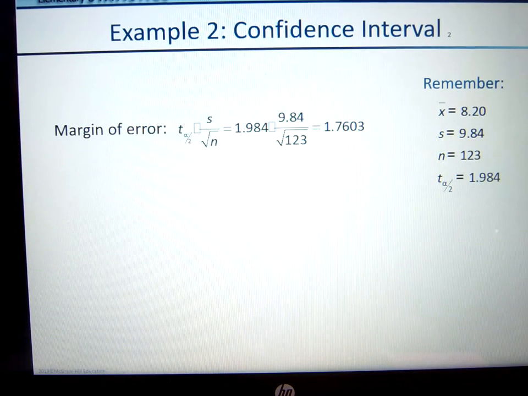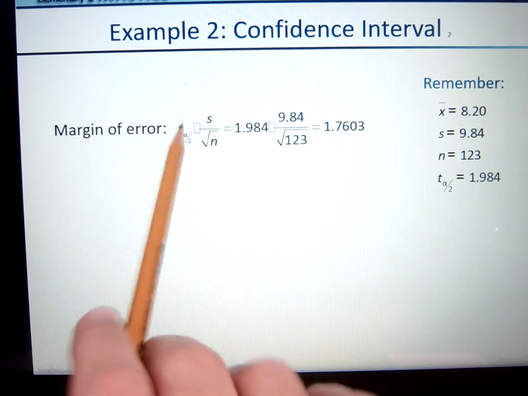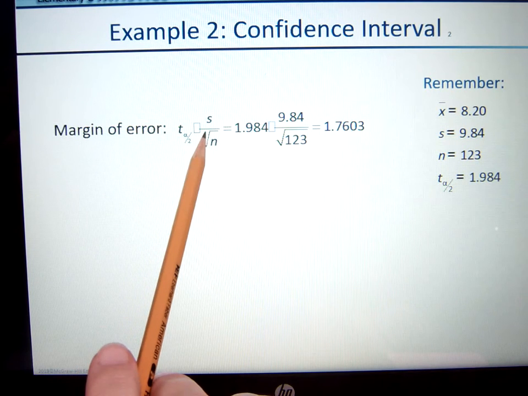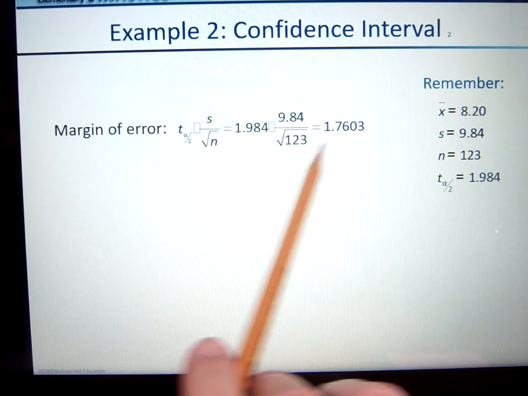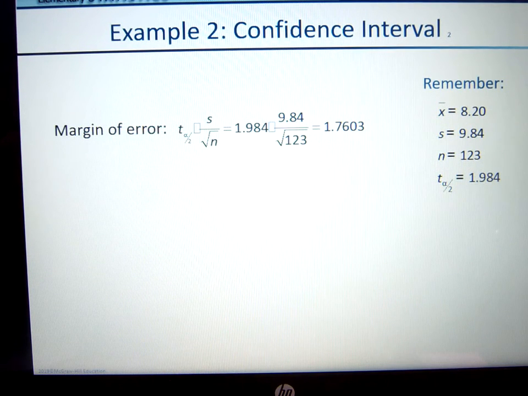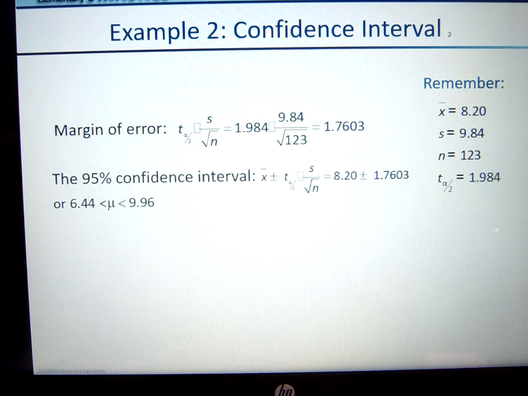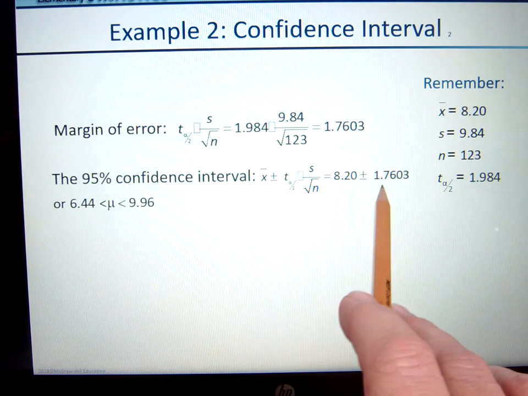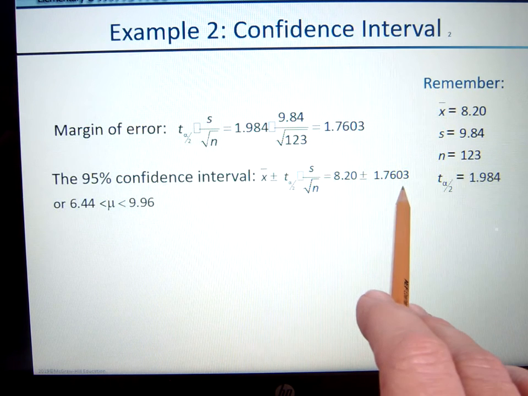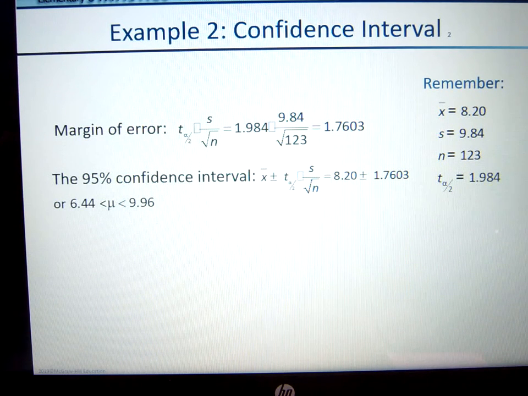Now I take my margin of error, which is t alpha over 2 times my standard deviation divided by the square root of how many in my sample, and I'll get 1.7603. So that is my margin of error. So I'm going to take my sample mean, give or take, add or subtract 1.7603, and I will have 6.44 to 9.96.